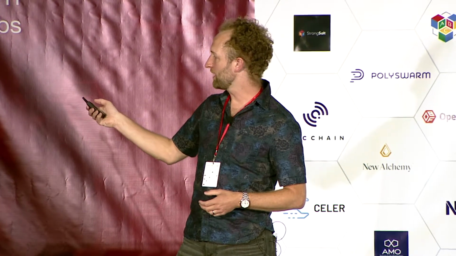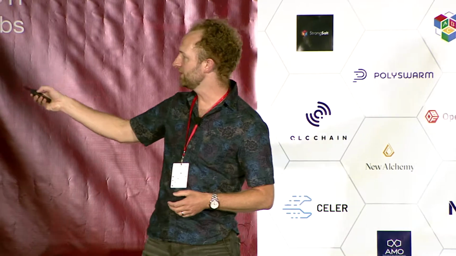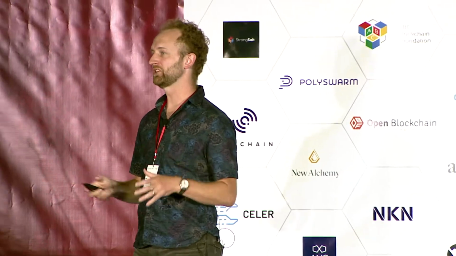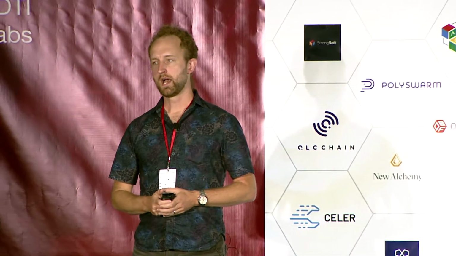One thing to point out here, Sprout was the first production deployment of ZK snark cryptography. If you study cryptography or even learn a bit about it, there are many kinds of cryptography in the research that are not practical for production uses.